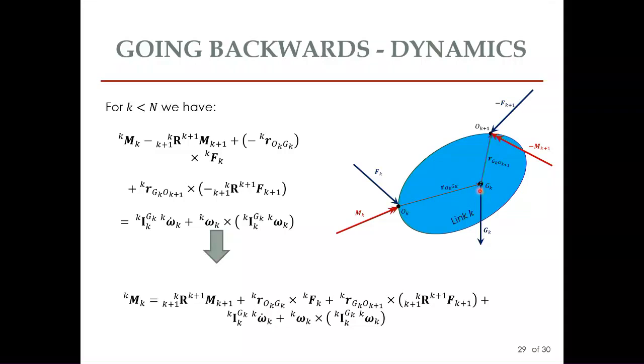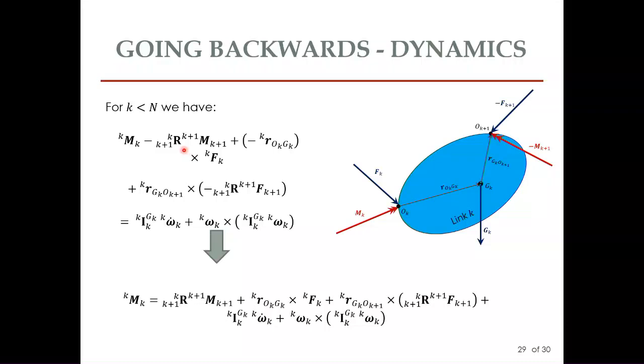Okay, so what do we need to take into account? Not this gravity force, because it passes through it. So we need to take into account this moment and this moment. So this is mk, appears as is, and this is mk plus 1 with a minus, rotated from frame k plus 1 to frame k, right?